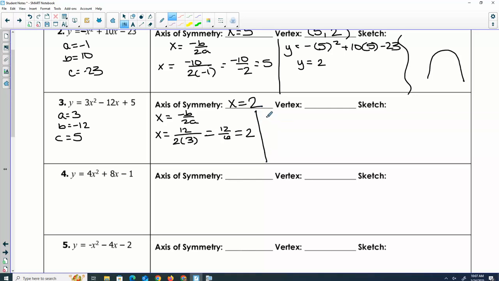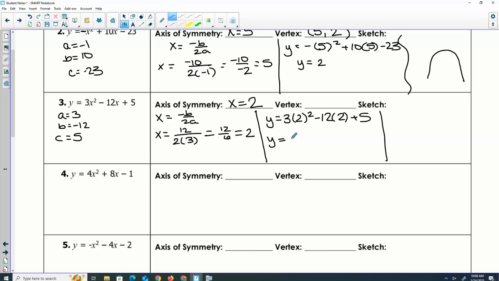Vertex is an ordered pair. You're going to your equation, you replace your x with a 2. Okay, you can do that on your calculator. And we should get -7.